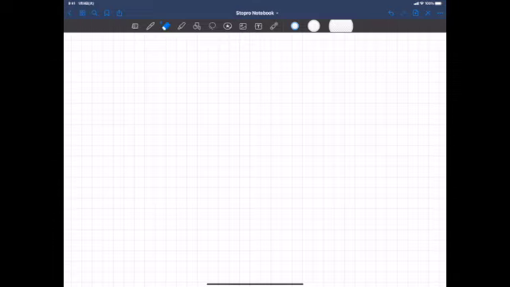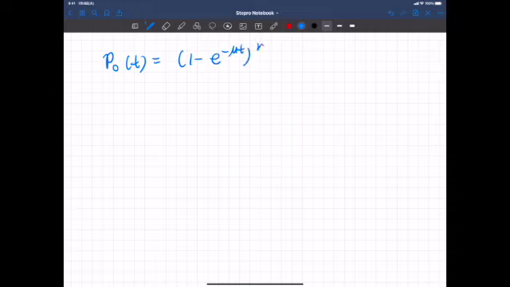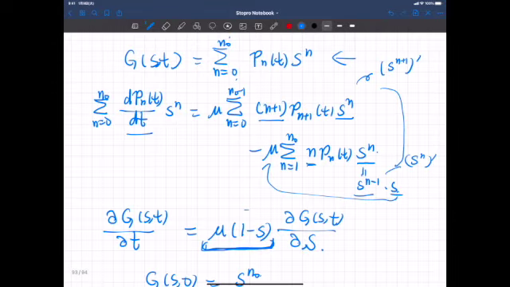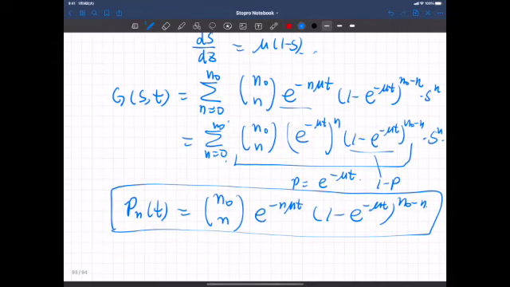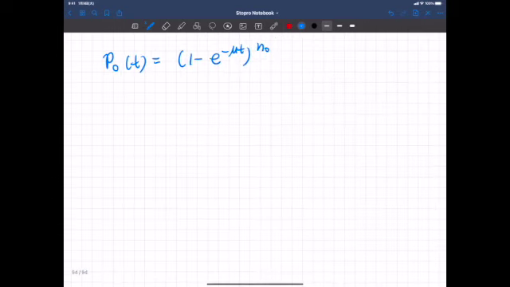So that is the probability that there are 0 individuals at time t, which is given by 1 minus e to the power of negative mu t, to the power of n0. So if you put n equal to 0 here, that is this probability. So this is the probability of extinction.